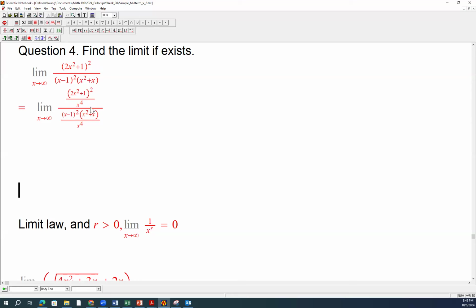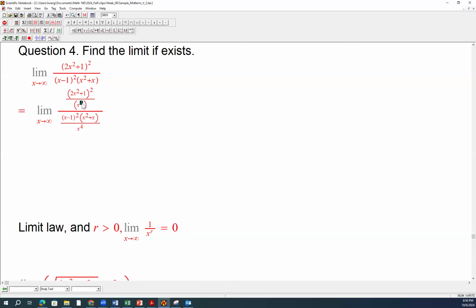But I like to mention this technique because if you FOIL this, you're going to get 4 terms here. If you FOIL this, you're going to get 3 terms times 2 terms, 6 terms. It is not really necessary for us to do that though. So I'm going to show you a slightly different way. x raised to the power 4, I'm going to write as x squared, squared.